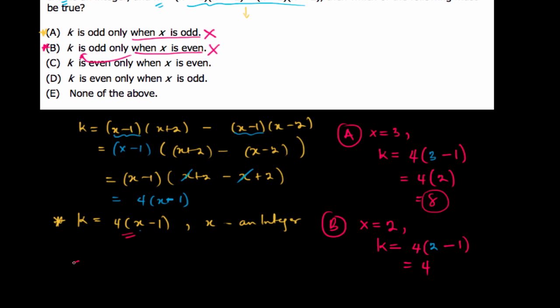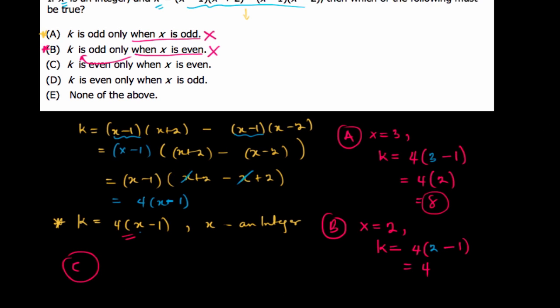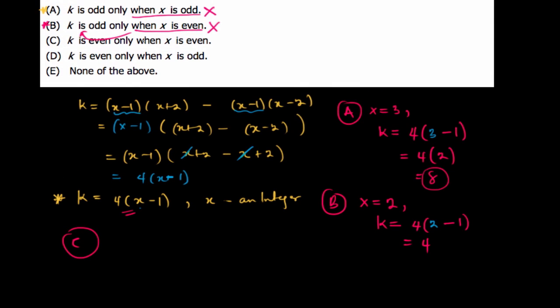So let's go to C. What C says is k is even only when x is even. Now what you'd observe is when x is odd, we obtain even k, and when x is even, we obtain even k.